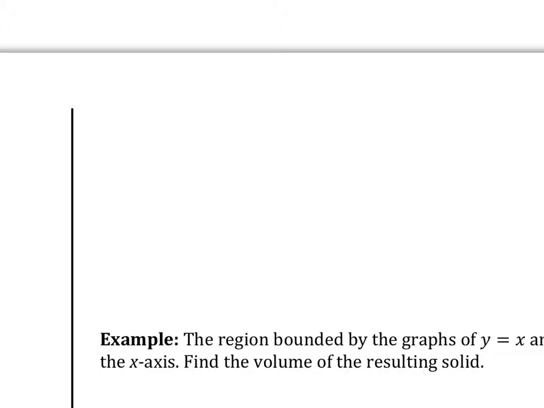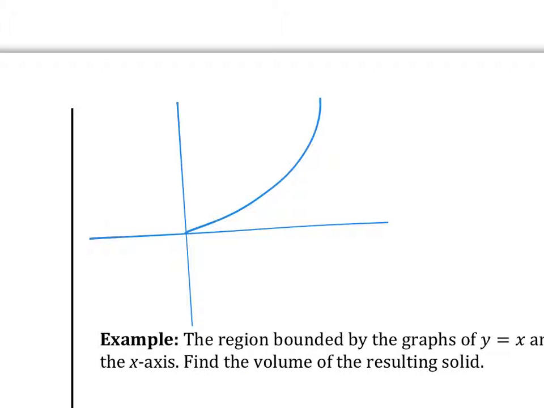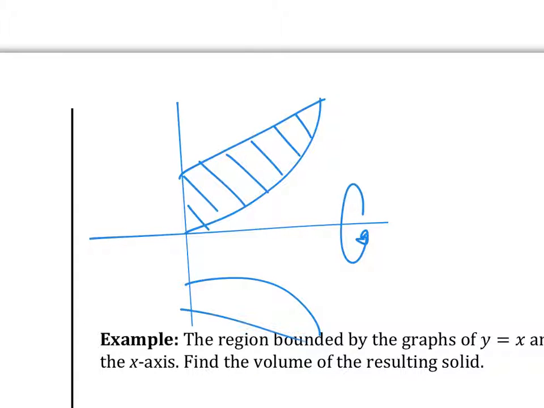All right, so for example, if I have something like this, and then I have something like this, and this creates an area, and I'm going to rotate it around this axis. This is going to turn out looking somewhere like this, right?